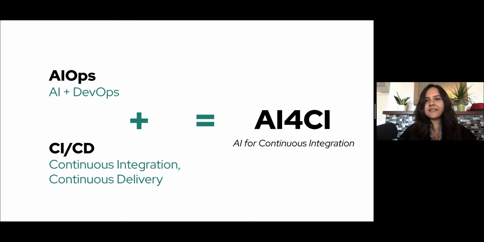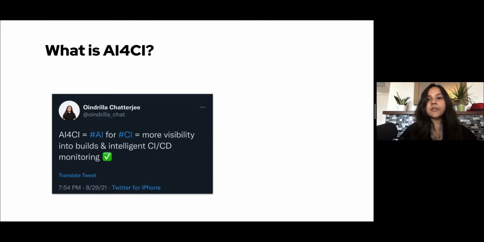So AI4CI is simply AI applied to CI/CD data. It's an intelligent, open source AIOps toolkit which can be used to better monitor builds in order to help the development lifecycle. So the goal of this project AI4CI is to build AI tools for developers by leveraging the open data made available by OpenShift and Kubernetes CI platforms.